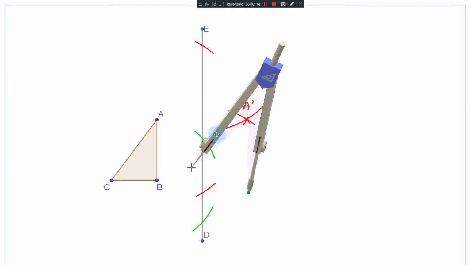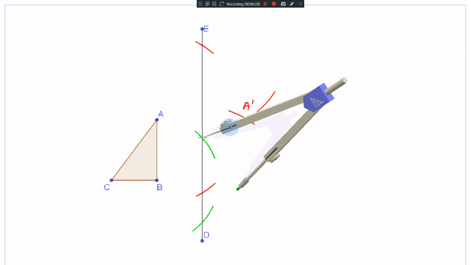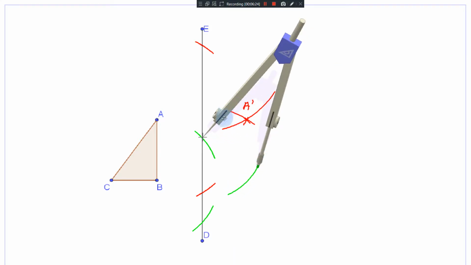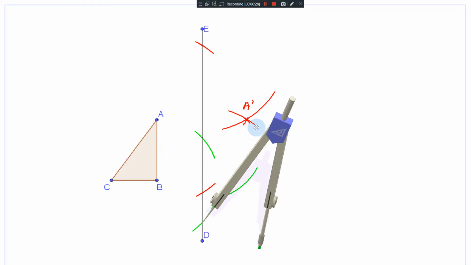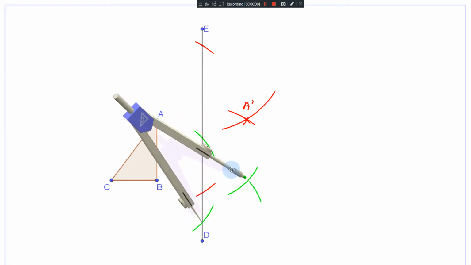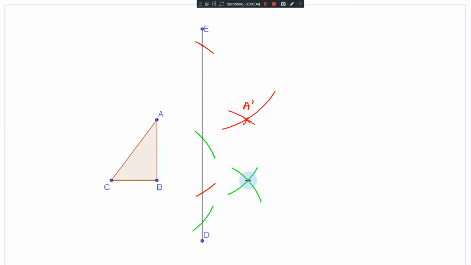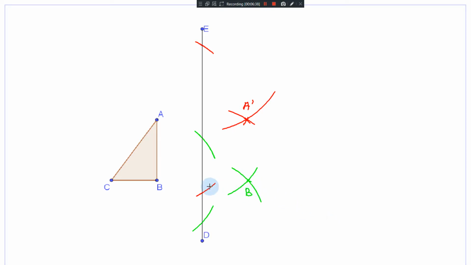And remember, don't change the width of your compass. Move it over here, place it over here. Okay, make another arc, and then move down to this intersection point, do the same thing, make an arc here. Okay, so this is the image of point B. So I will label it as B prime.